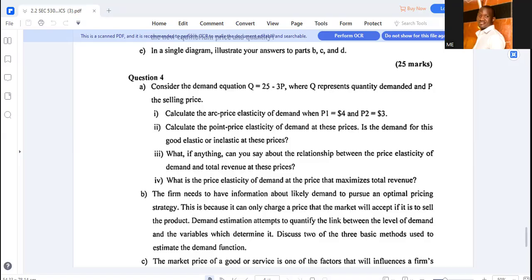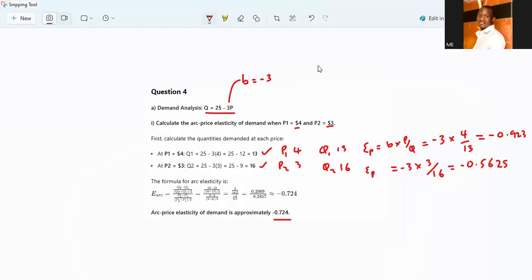Okay, so let's start with the relationship. Firstly, the elasticity to maximize revenue. You maximize revenue when TR is differentiated.